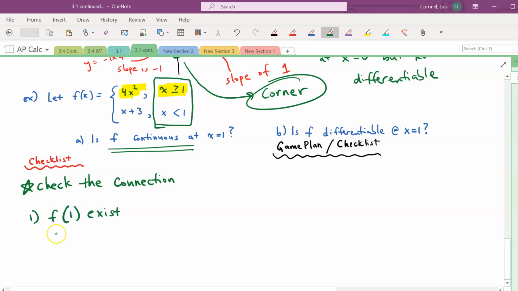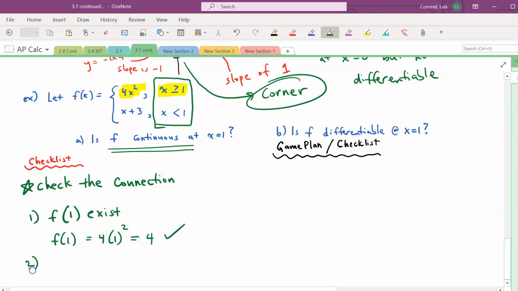We're only using the top piece of the function because, according to the inequality, x is greater than or equal to 1. Plugging in 1, you get 4. So f of 1 does exist, the function is defined at 1, and you get 4.